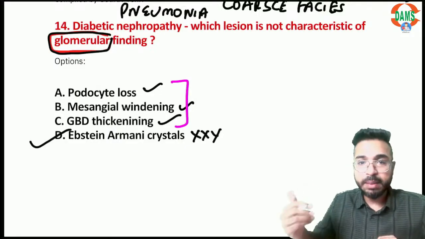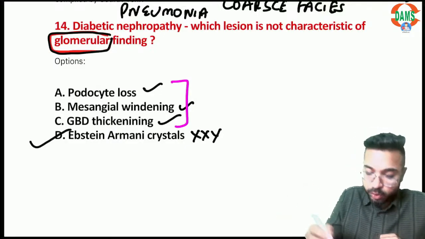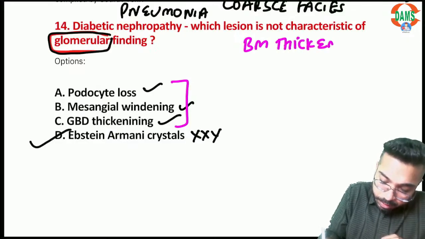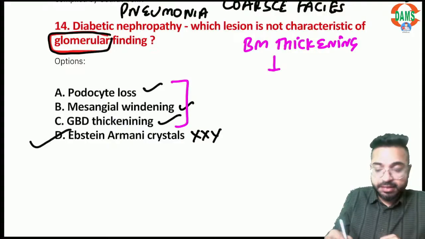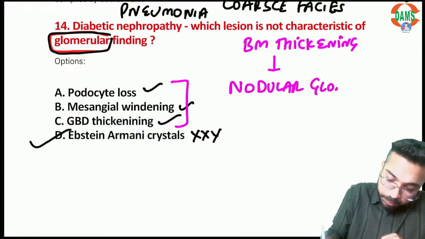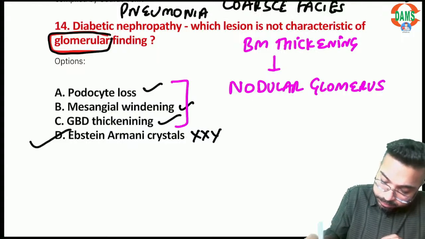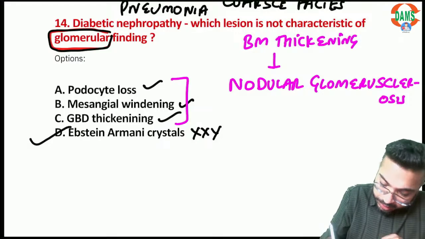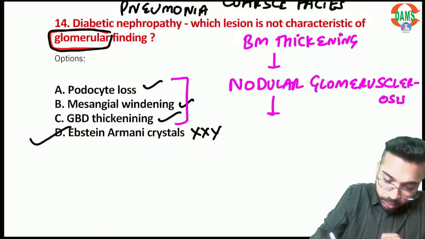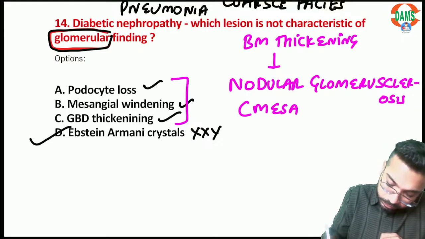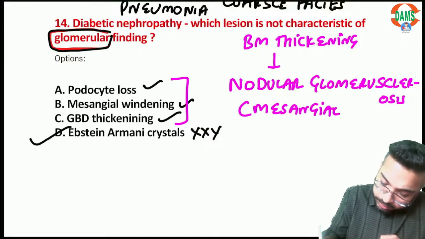The first finding is basement membrane thickening. Then the second finding is nodular glomerulosclerosis, popularly known as Kimmelstiel-Wilson disease, which occurs because of mesangial widening. Straight question from the notes.